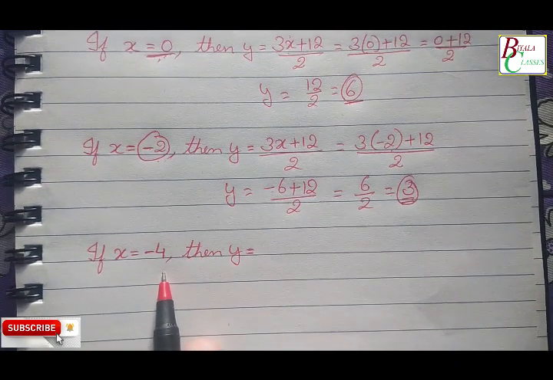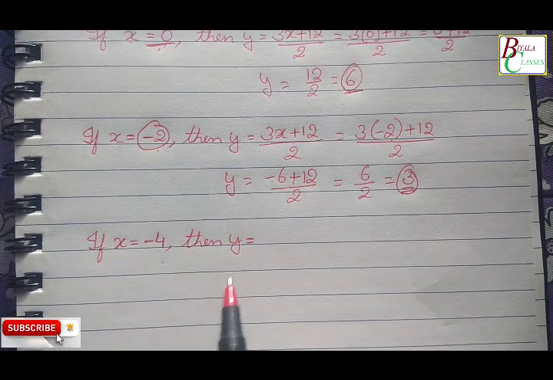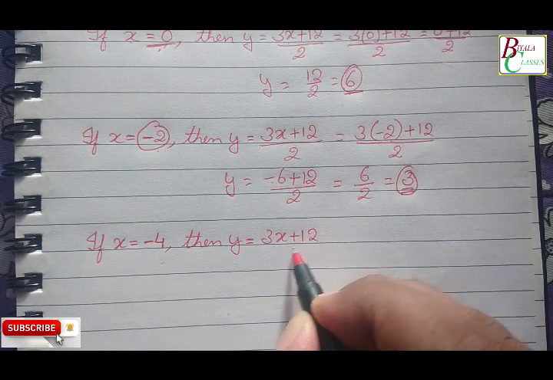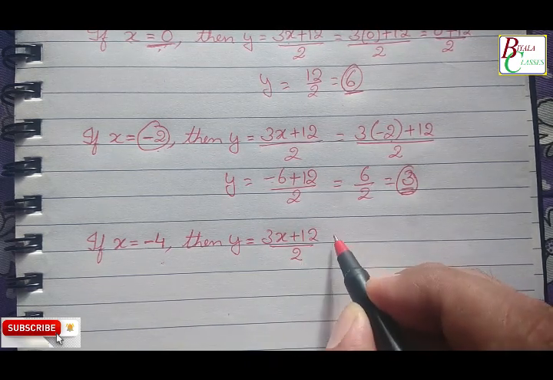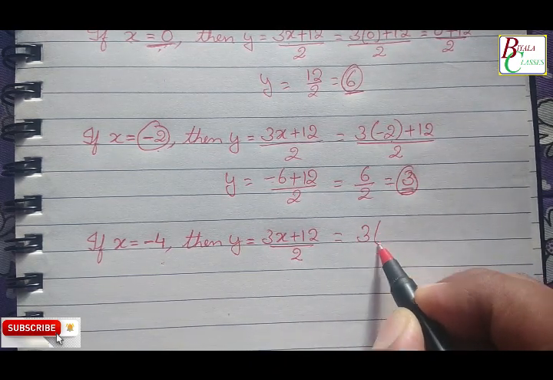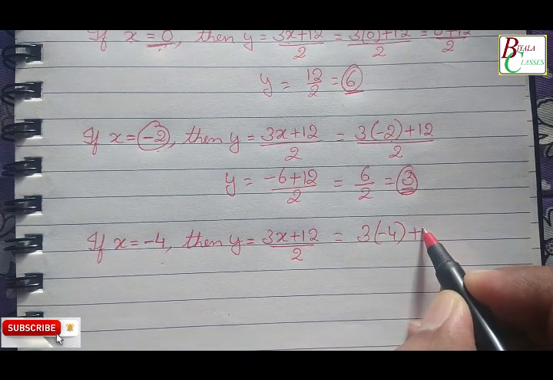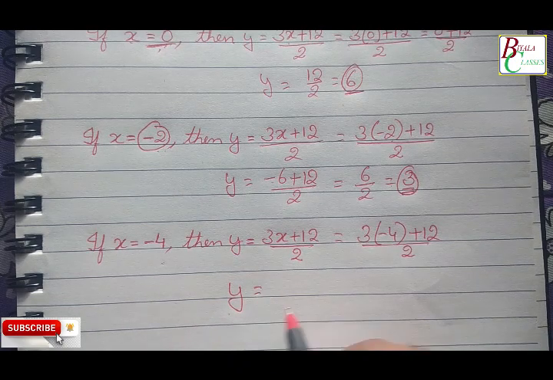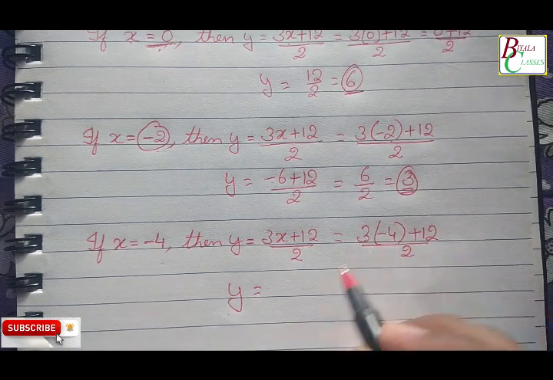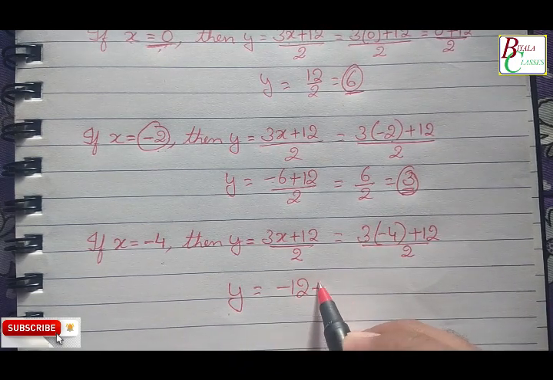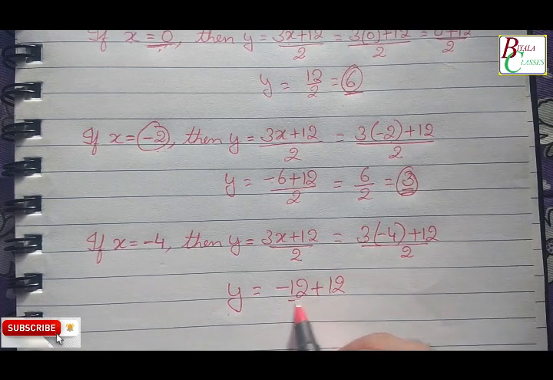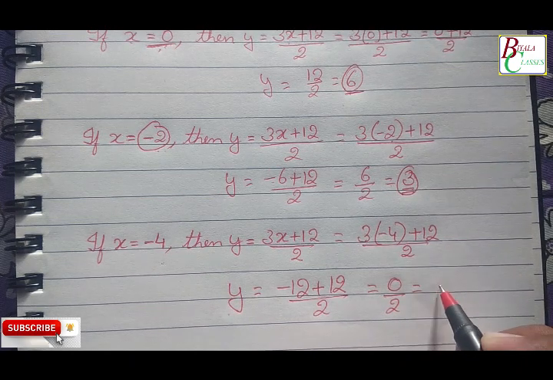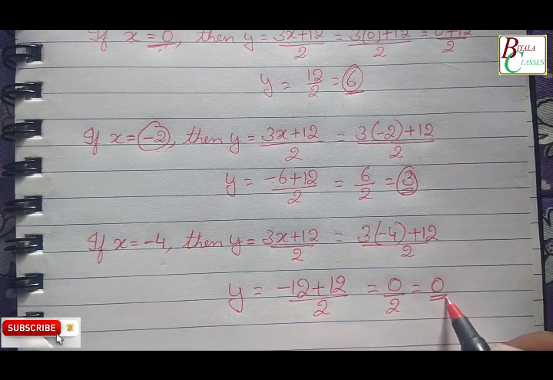Now when you take x equals to minus 4, then y, which is equal to 3x plus 12 upon 2, becomes 3 multiply minus 4 plus 12 upon 2, and y equals to, now 3 multiply minus 4 is minus 12 plus 12 upon 2, which is 0 upon 2, that is 0.